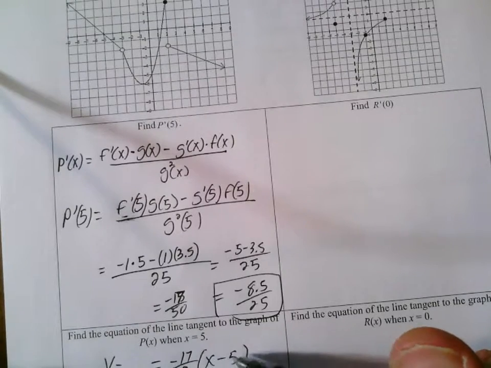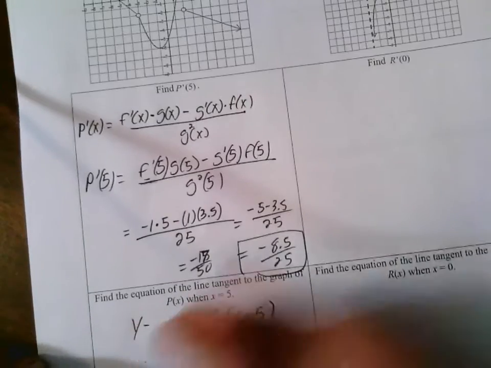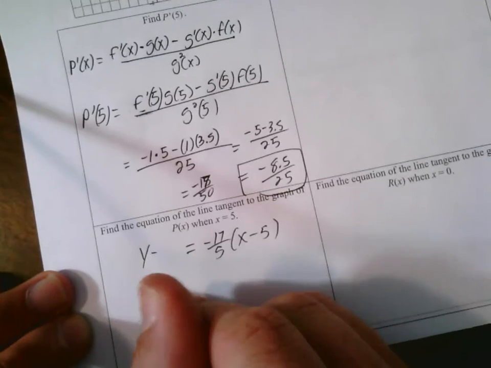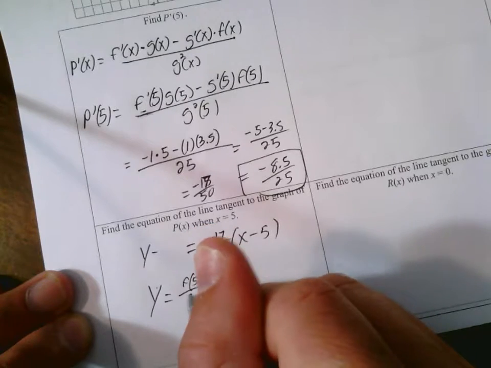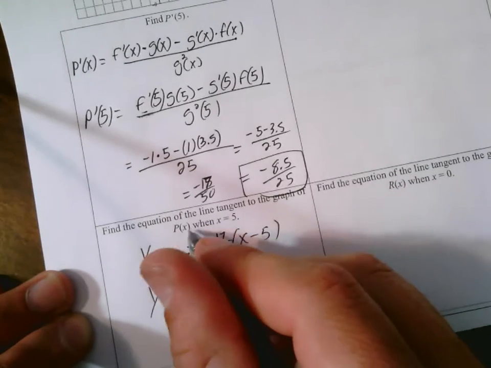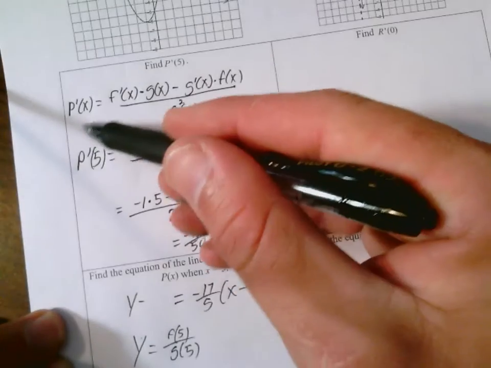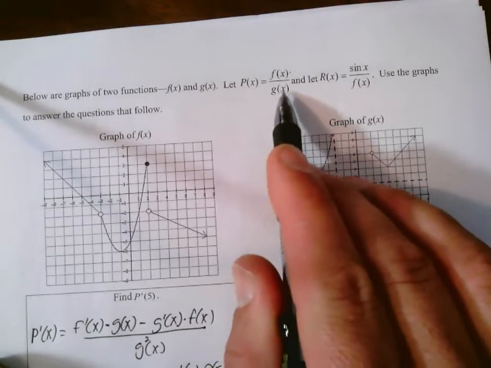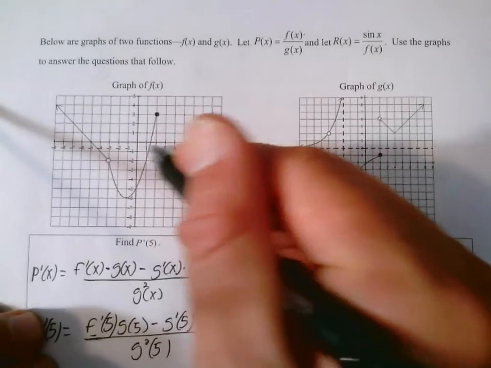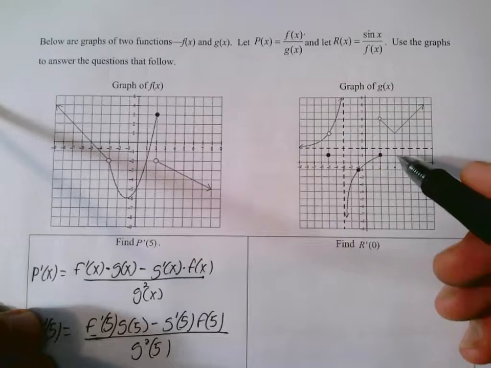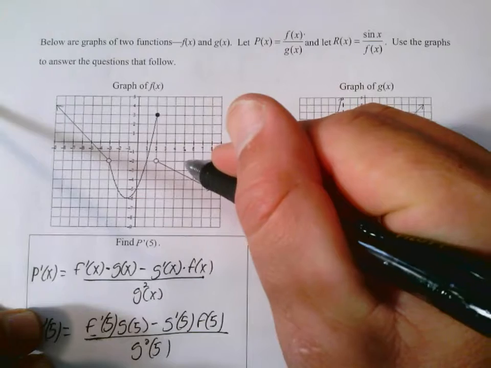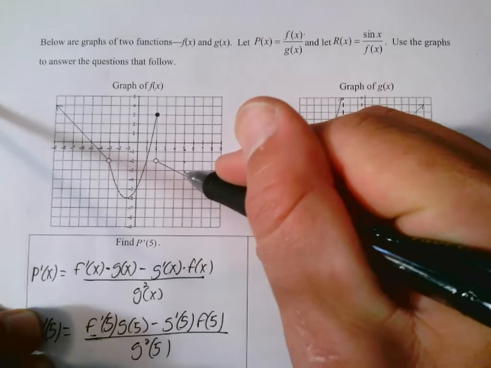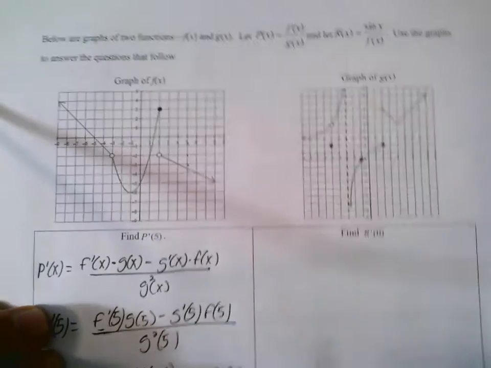Plug this into your original to get y. Y equals F of 5 over G of 5. Remember, it's P of 5, which is that function right here. F of 5 is, we already said it, 1, 2, 3, 3.5 still.